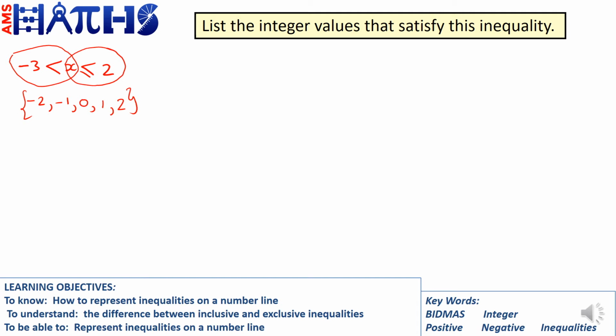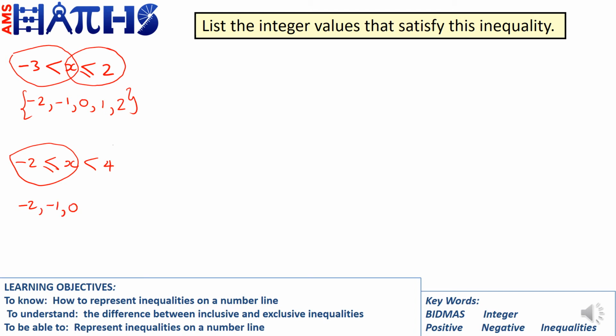Let's look at another. If we had -2 ≤ x < 4. Okay, so take it in parts. x must be bigger than or equal to -2, so we need -2 and then -1 and then 0.